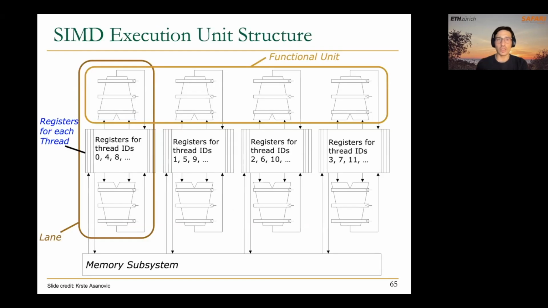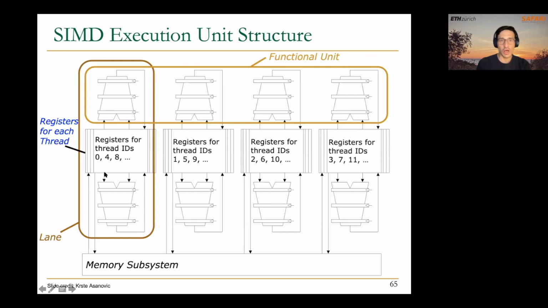And if we look at the structure of these functional units, we are going to have several of these execution units forming a SIMD functional unit that executes the same instruction on all of these ALUs here. And we can have other units for other operations.